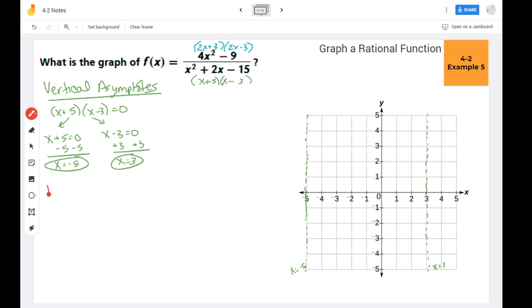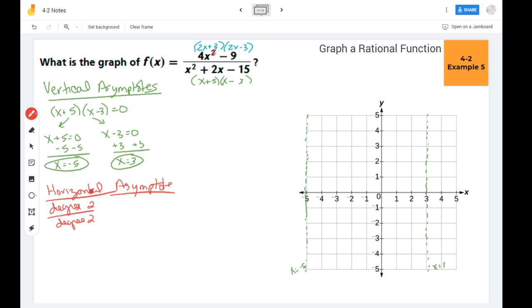Now for the horizontal asymptotes, that's where we compare the degree, okay? And there's usually only one horizontal asymptote. So the numerator of my fraction is a degree 2 polynomial. And the denominator of my fraction is also a degree 2 polynomial.